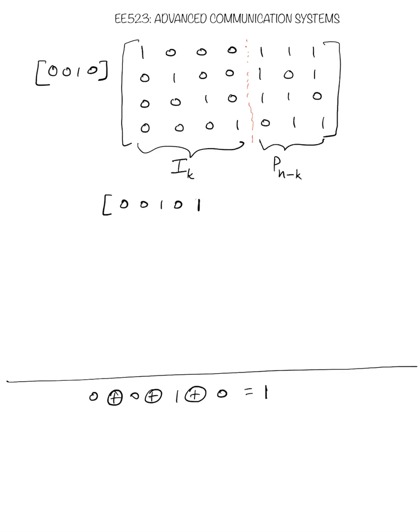Okay, and now we multiply this vector with this part of the matrix, this column of the matrix.